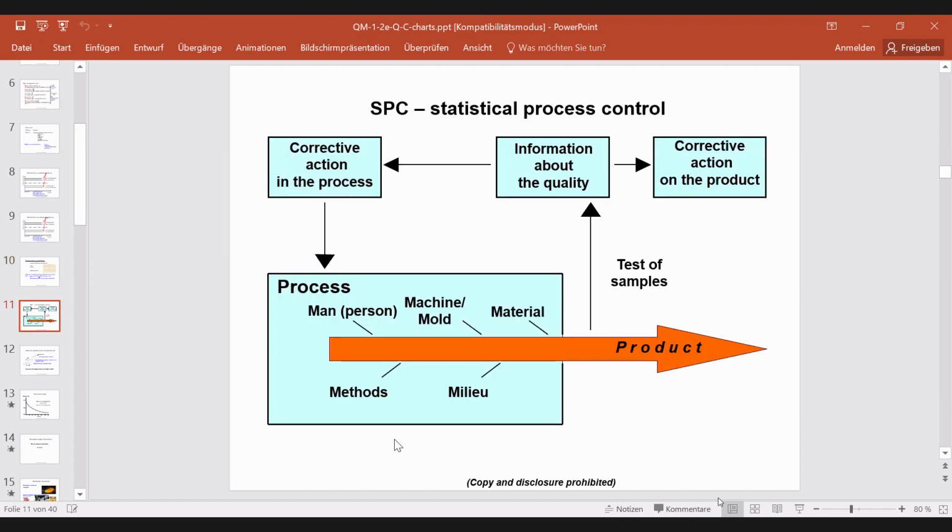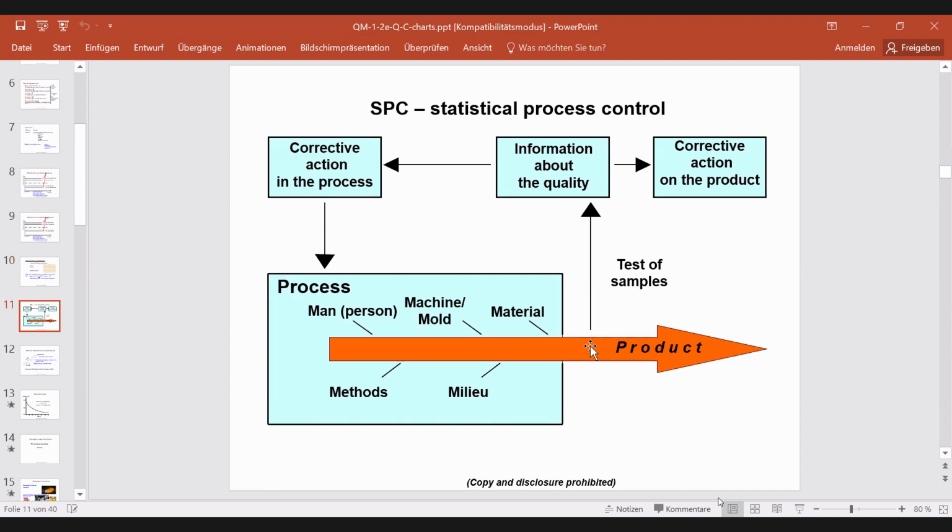The statistical process control means products are coming out of the process. The process here is influenced by the 5M, think of Ishikawa, 5M. And these 5M cause the product quality.